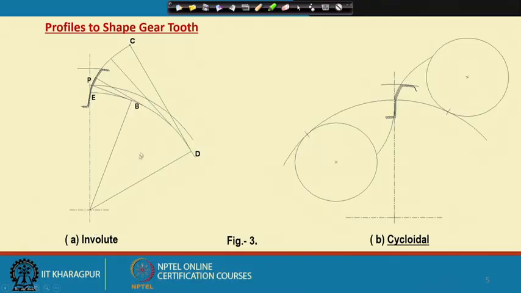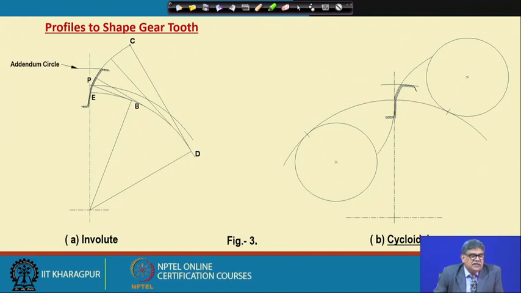Now, I have shown how the involute is generated. This involute profile is fixed on the drum on which it is generated, and that gives a gear tooth profile. Definitely, as I told, we have to use the profiles one after another on the drum at a fixed distance, then that will give continuous motion.